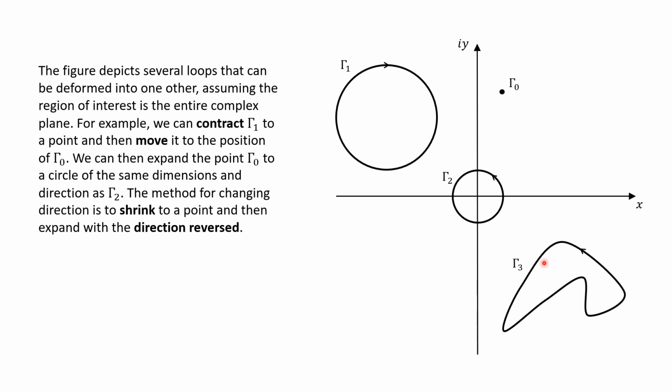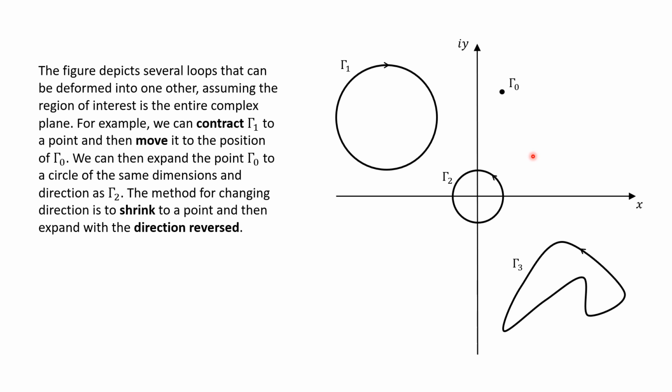So the basic operations of continuous deformation are like re-stretching or reforming the shapes. You could think of a rubber band that you can form into different shapes. You can either contract or shrink, and then you can move from one to the other. You can also reverse direction by shrinking down to a point and then expanding out again, reversing the direction in the process.